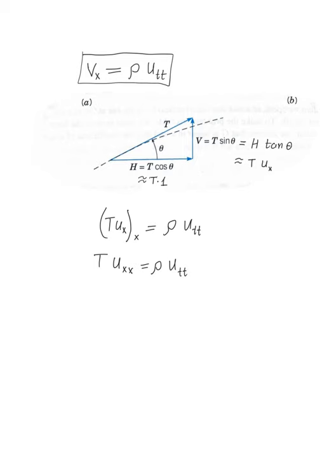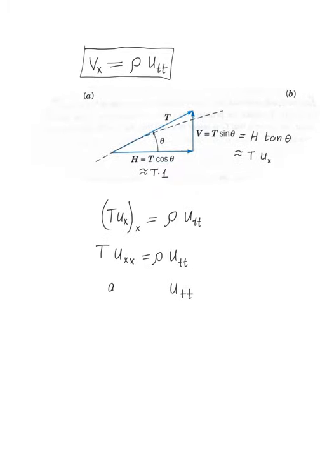Now, traditionally, in this equation, the second derivative with respect to time is isolated, and the equation becomes a squared times the second derivative of u with respect to x equal to the second derivative of u with respect to t, where a squared is the notation which is usually used.